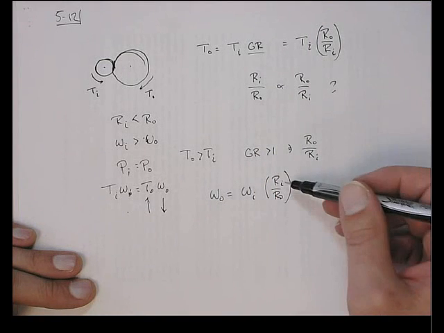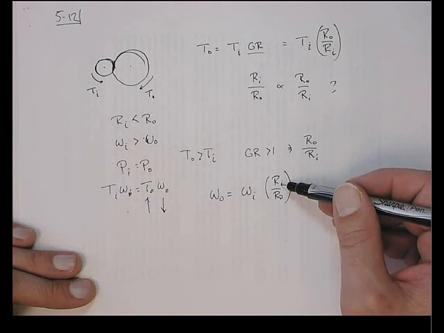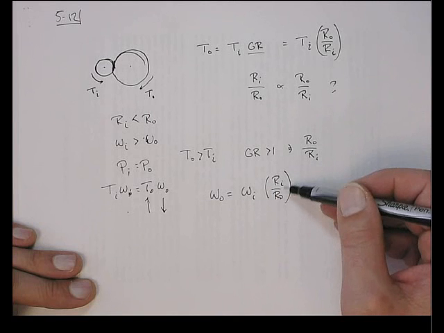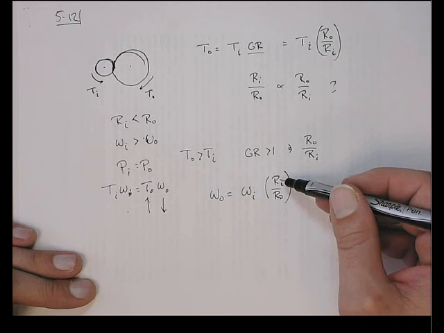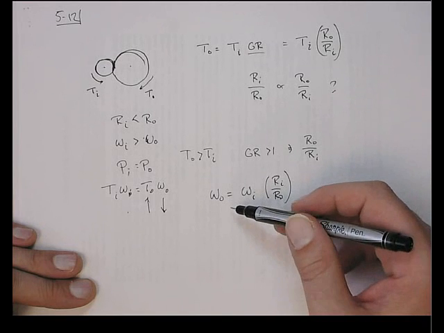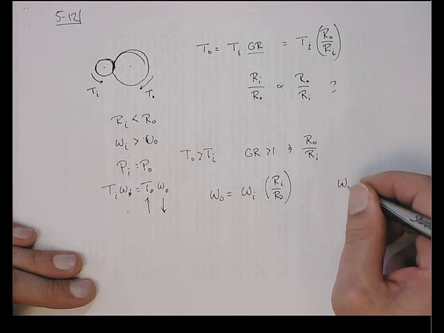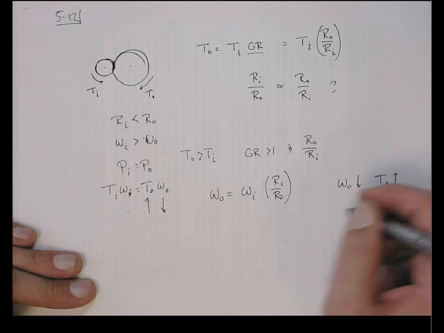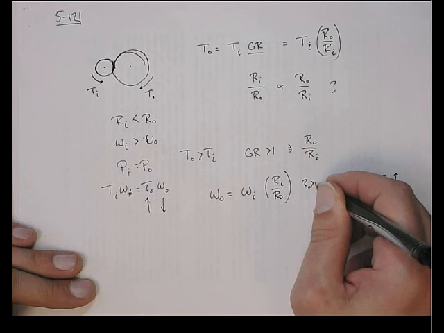If the inner radius is smaller than the outer radius, then this number is less than 1, and the output speed drops, and then the torque goes up. This is when R outer is greater than R inner.